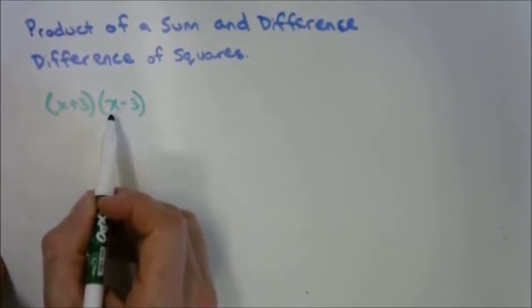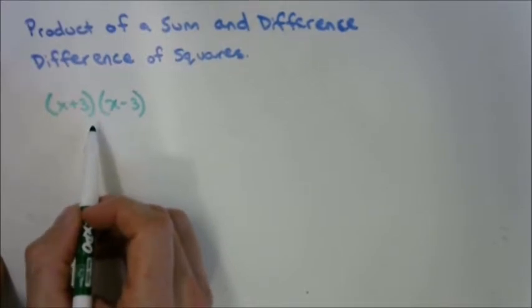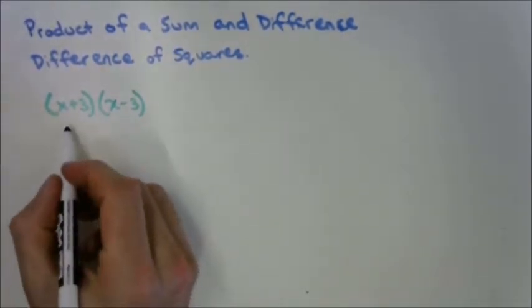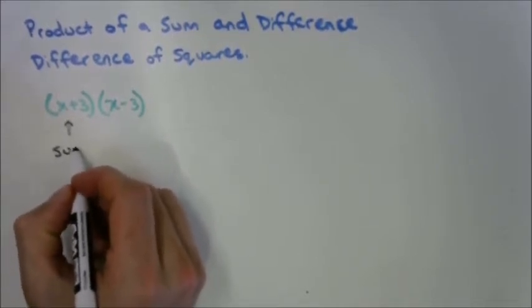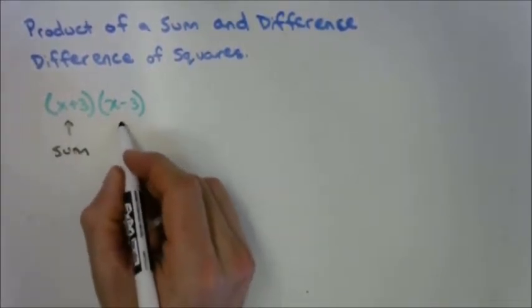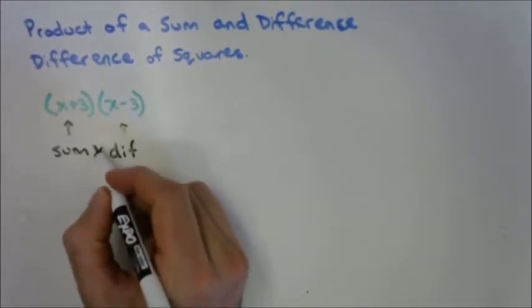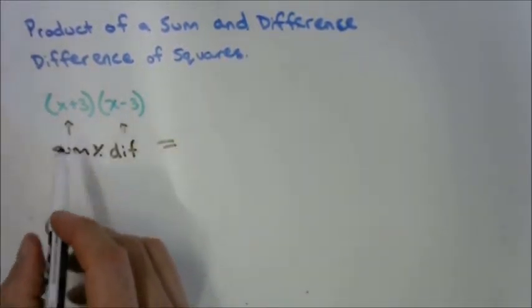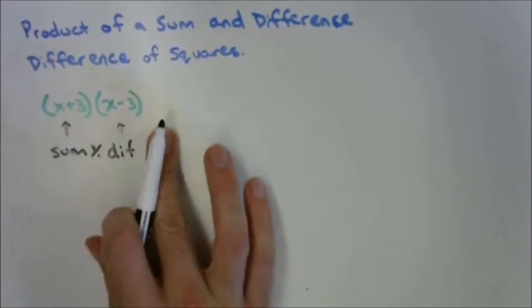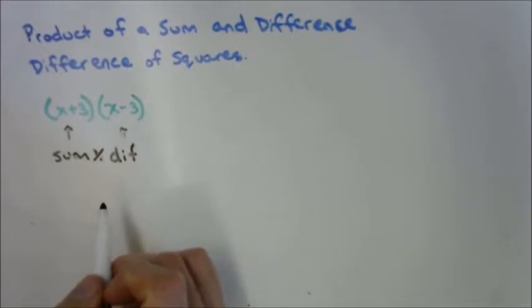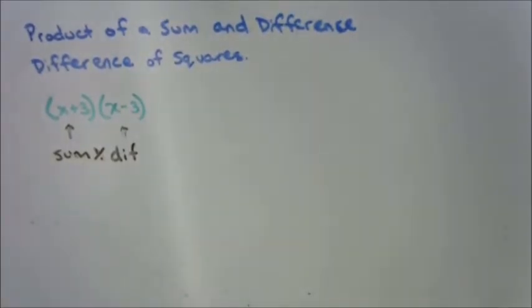This is called the product of a sum and a difference, because this bracket is a sum, x plus 3, and this bracket is a difference, and they're being multiplied together. That's where it gets its name from.